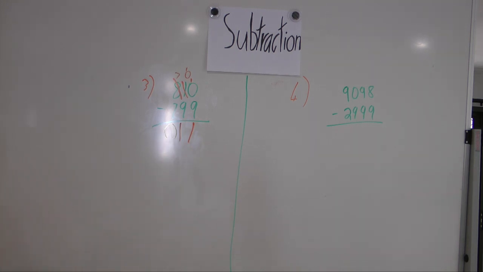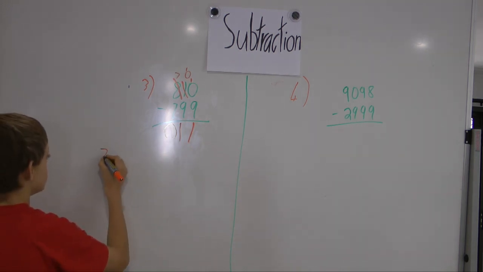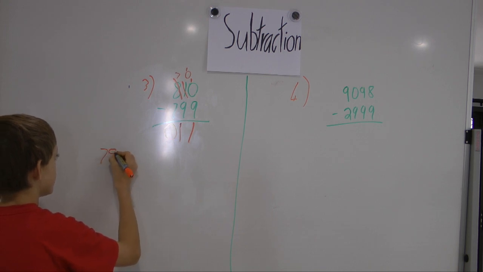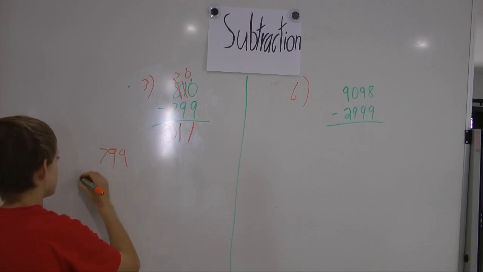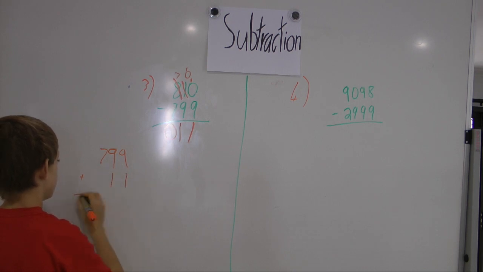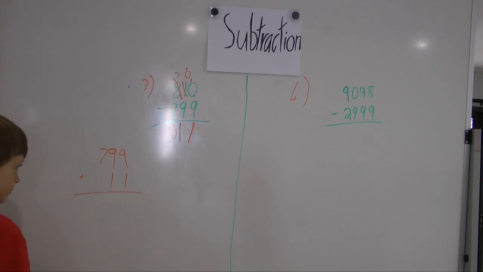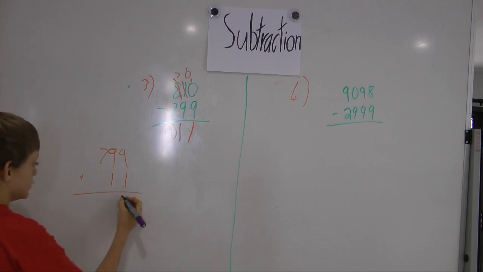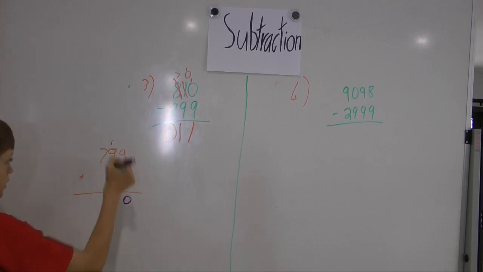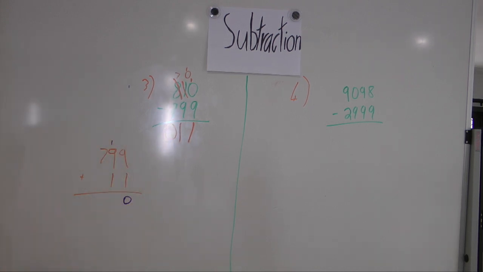To make sure the answer is correct, you do 799 plus 11. Going 9 plus 1 is 10, that leaves us with a 0, because like I said before, you can only put one digit in a column.